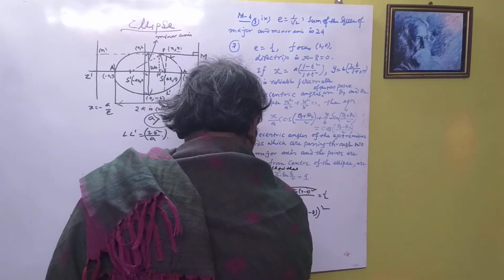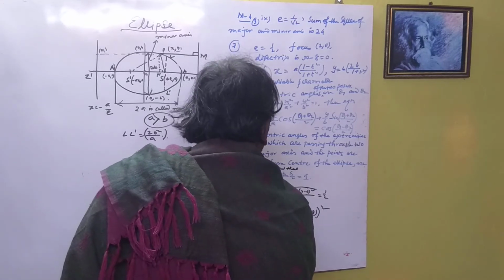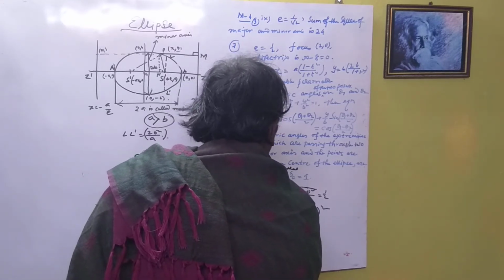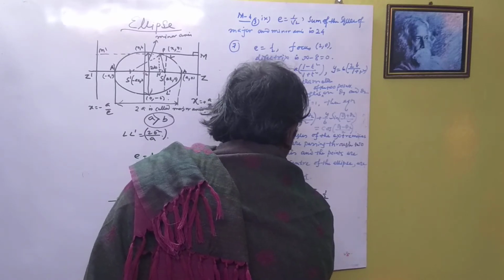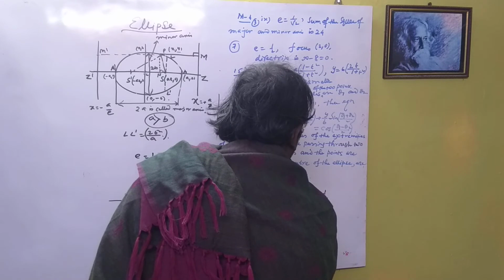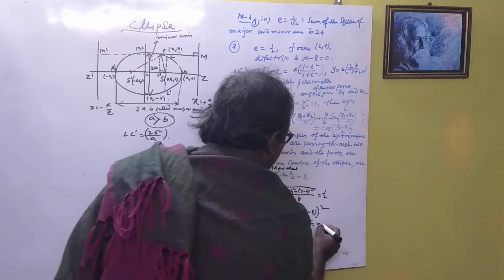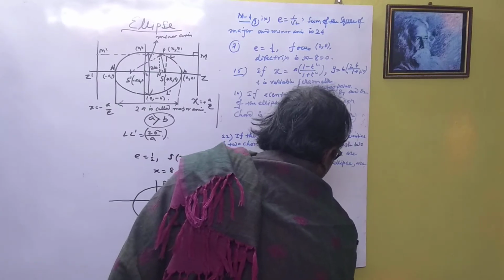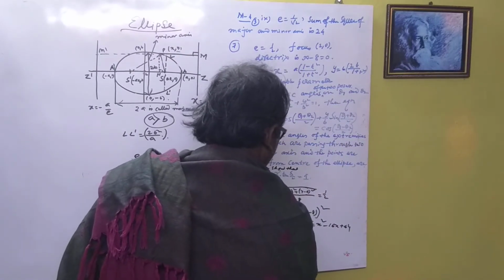And now here is x square, 4x square, 16x, 16, 4y square, x square, 16x, 64.